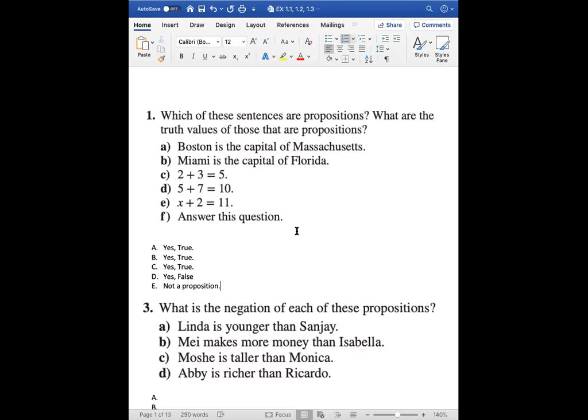Boston can either be the capital or it cannot be the capital, because Boston is a known value. It is not, for example, X is the capital. If it is X is the capital of something, then we cannot decide if it is true or not. But because we know the value is Boston, we can say that this is either true or false. Okay, that makes sense. Thank you.